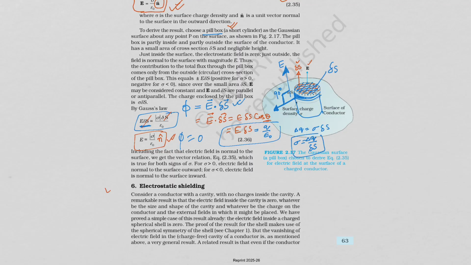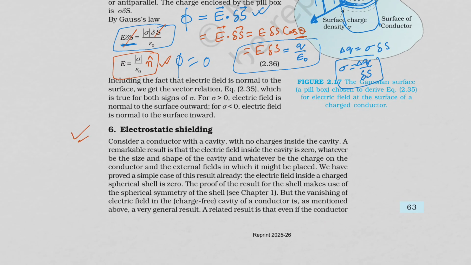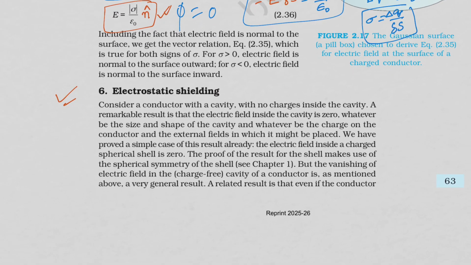The last topic is electrostatic shielding, which exploits the concept that the free charge is always accumulated on the surface, not inside the conductor. So if we keep our conductor hollow, charges will always accumulate on the edges, and there is no potential difference on the edges as well.